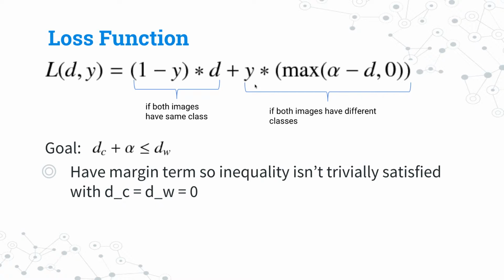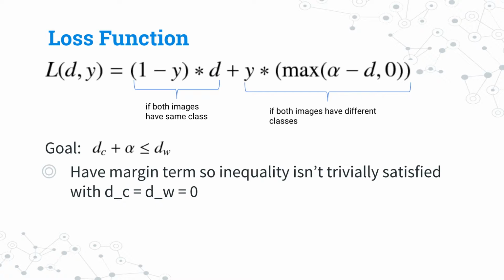If y is equal to 1, that means both of the images have different classes, right? So in that case, this term goes to 0, and we're only left with this term over here. And the loss function is essentially equal to alpha minus d. We have this max over here also, because we're taking the maximum of this value and 0. So let's say the distance is greater than or equal to alpha.